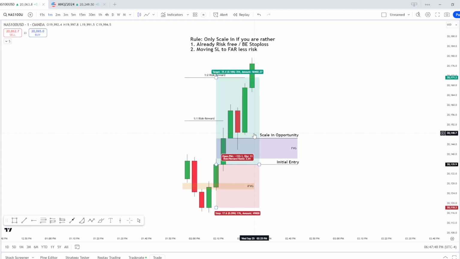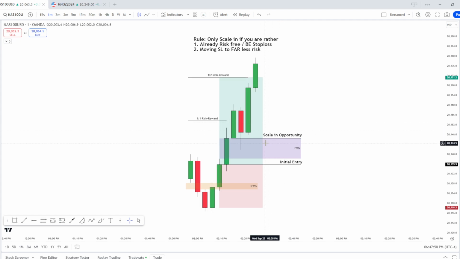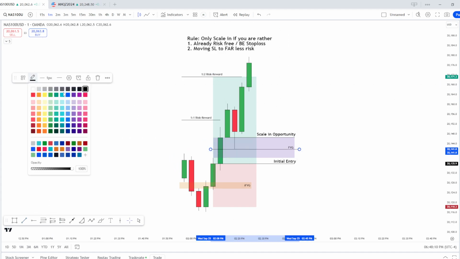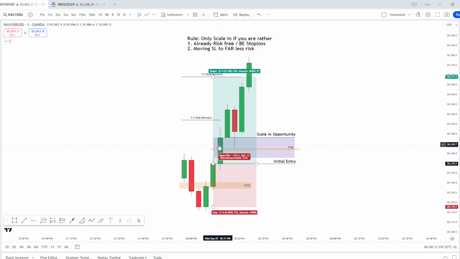Now, after you scale into your trade, your fill will be moved, or you will have another position. You always want to make sure, after you scale in, your stop loss gets moved to above break even. So if our initial entry was here, and then we scale in right here, our new fill could possibly be right where I'm putting this little orange line.